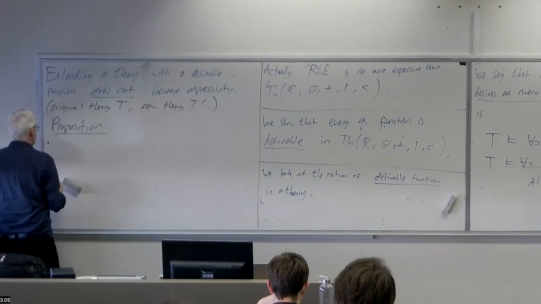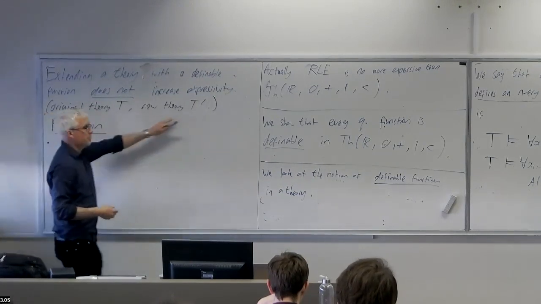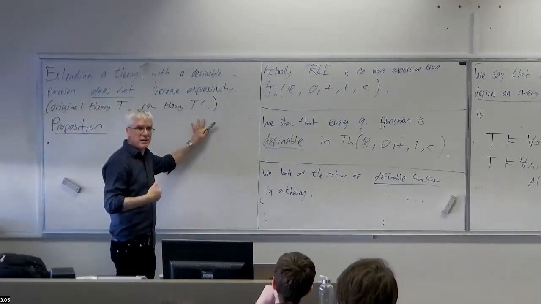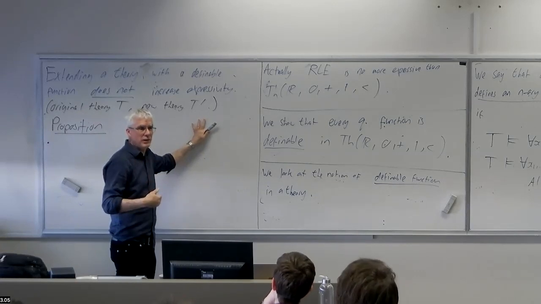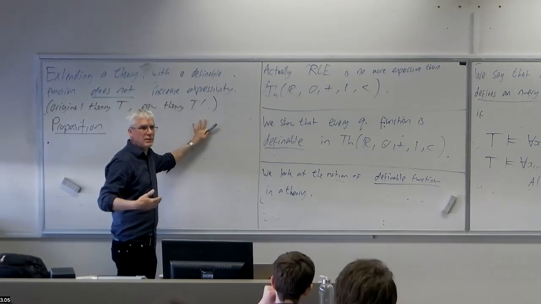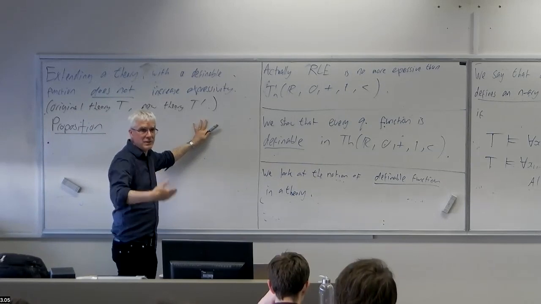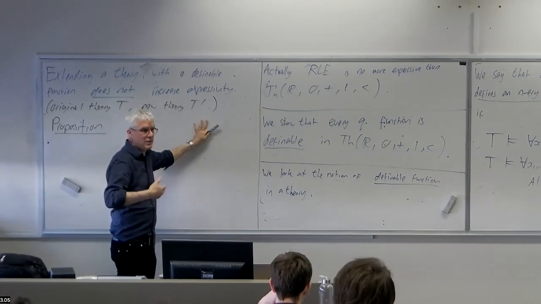So the first one says that the new theory T prime is what's called a conservative extension of the original theory, meaning that any formula in the original language is true or valid in the extended theory if and only if it's valid in the original theory.